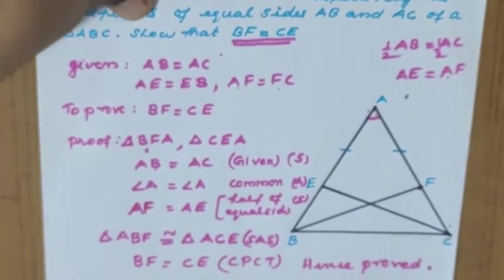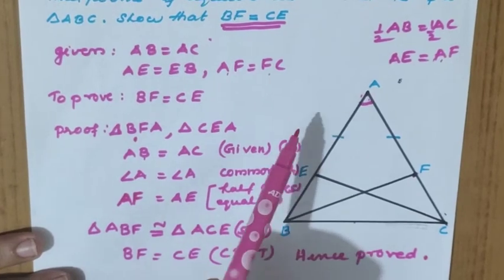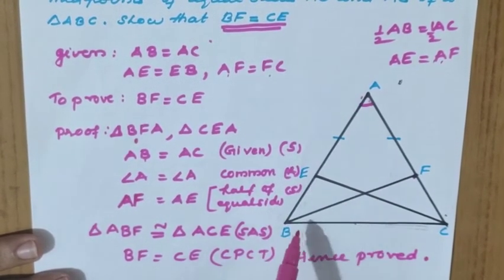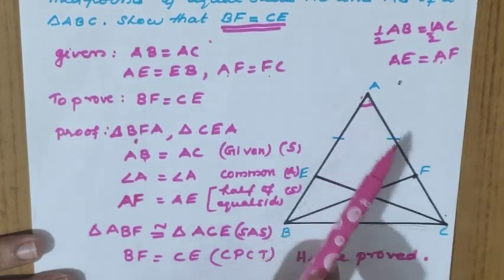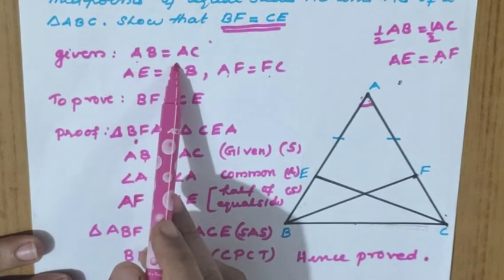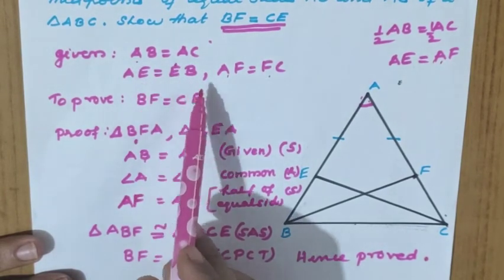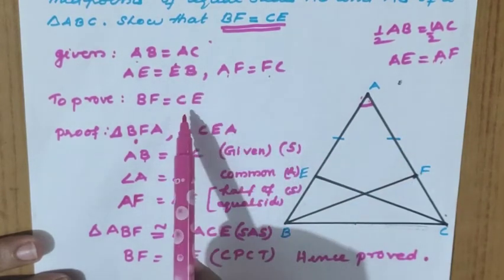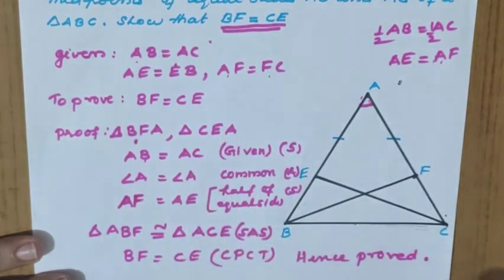What is given in the question? E is the midpoint of AB and F is the midpoint of AC, where AB and AC are also equal. So we have written AB equal to AC, AE equal to EB, AF equal to FC. From this we have to prove that BF equal to CE.